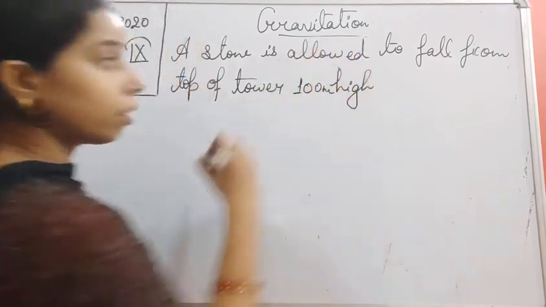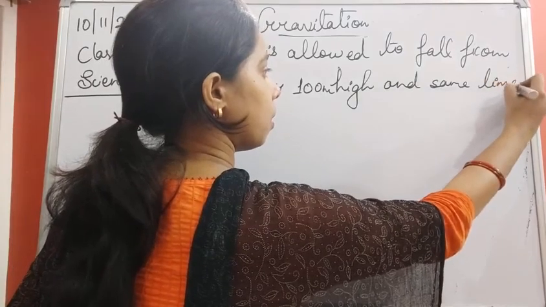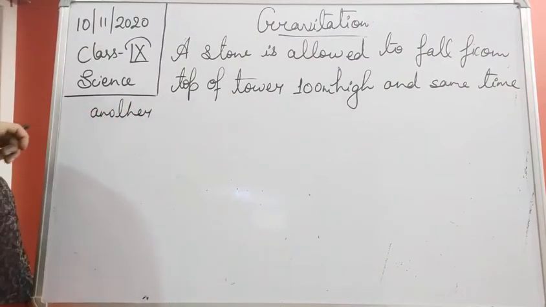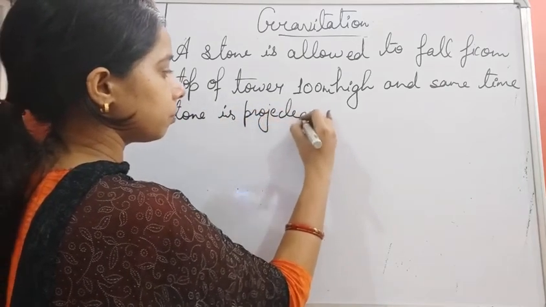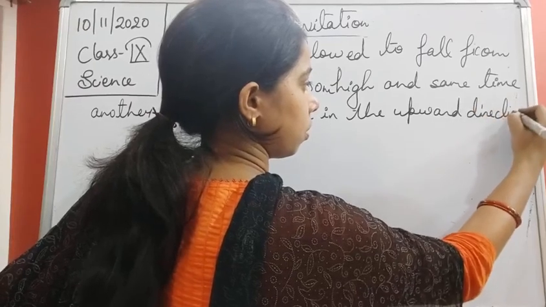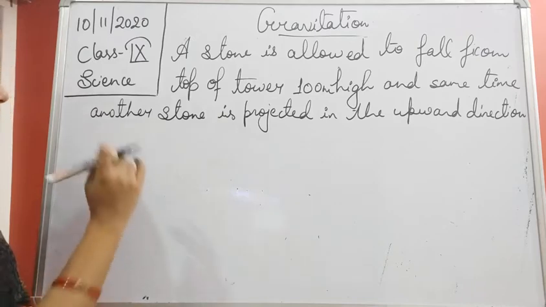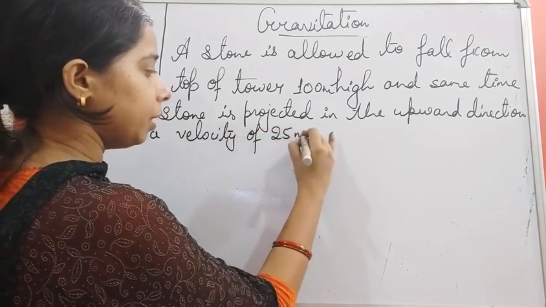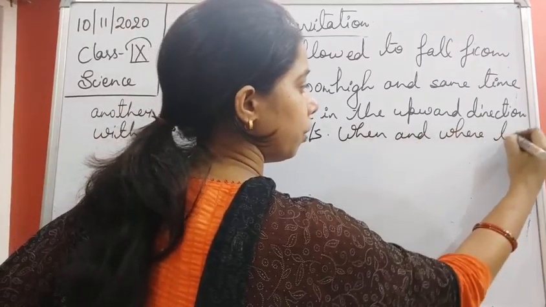At the same time, another stone is projected in the upward direction with a velocity of 25 meter per second. When and where do the two stones meet?